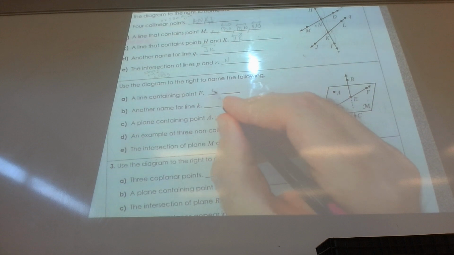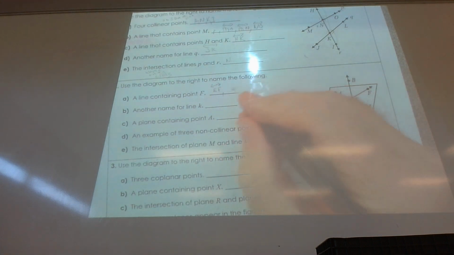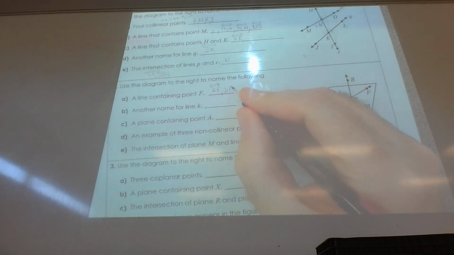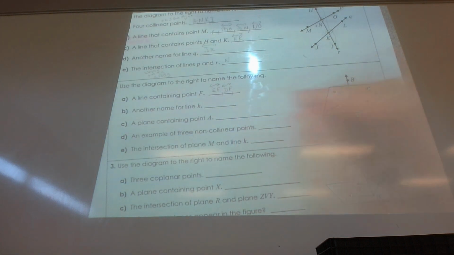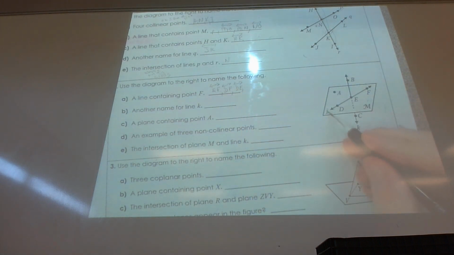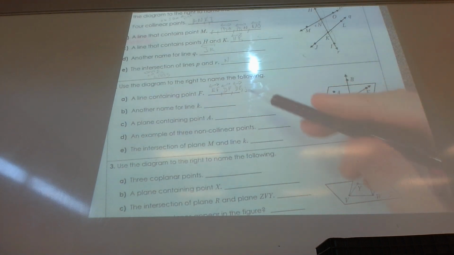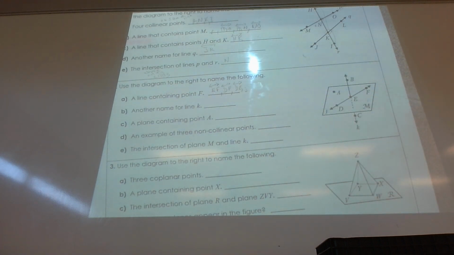We can do EF, DF, DE, or we could simply call it J, because that's what it's called right there. Any one of those is fine. You don't need to list all of them. Any one of those is simply the answer.